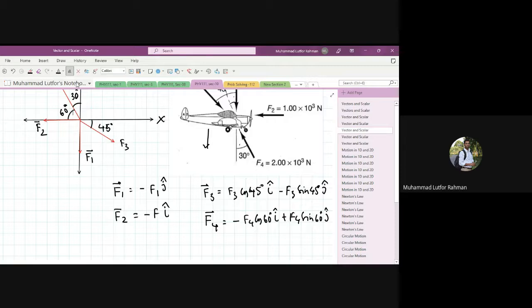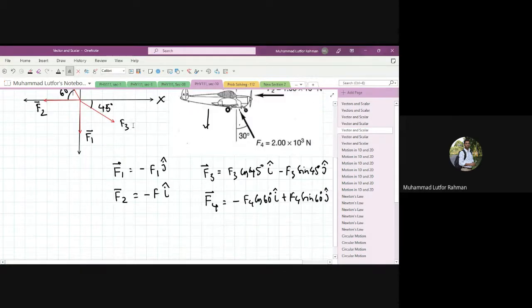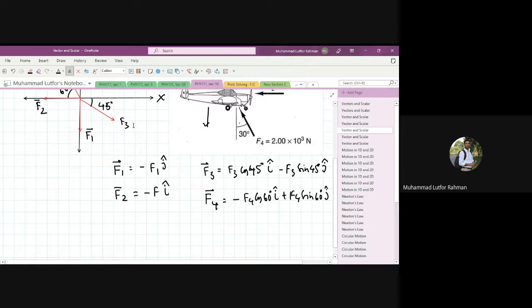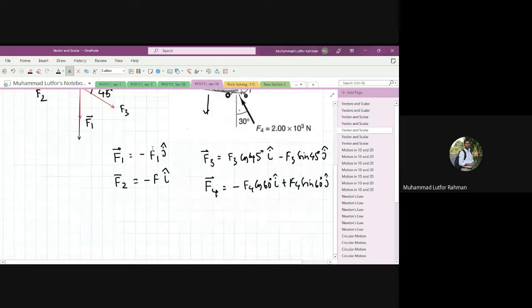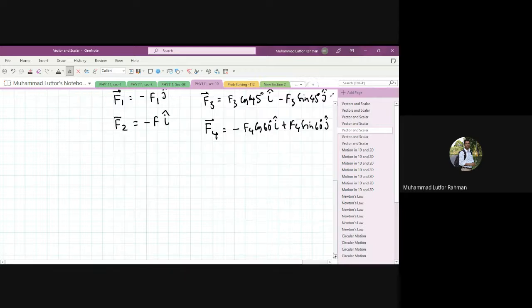That means that F4 creates 60 degree with the negative x-axis, so that's why I write down the minus sign over there, and it creates that with the positive y-axis, actually that sine 60 degree I write in that. Then you can find out the value of this thing, because you know all the values of F1, F2, and F3. If you plug in over there, you will find out the value of this thing.